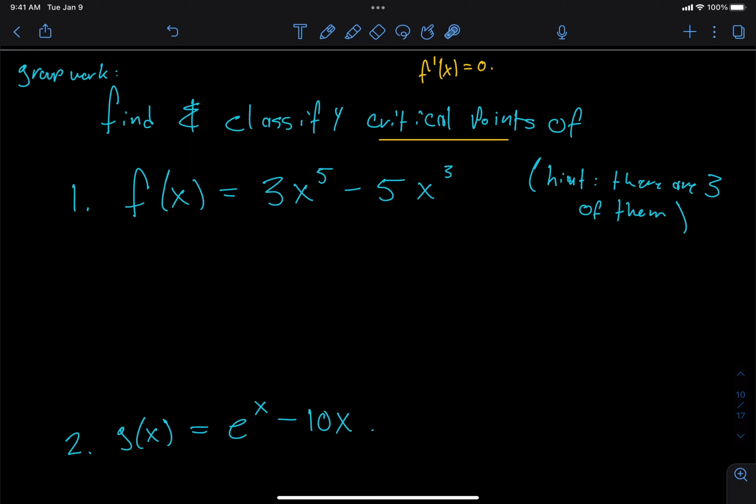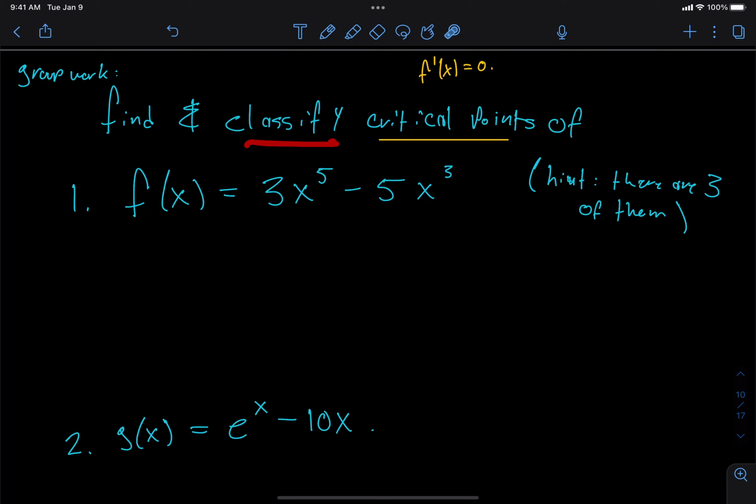And then how do we classify them? Once I have them, how do I classify them? As a min, max, or neither? Yes, as a min, max, or neither, but what process do I use in order to classify them? There's two, right?